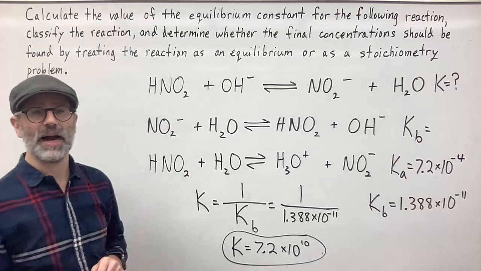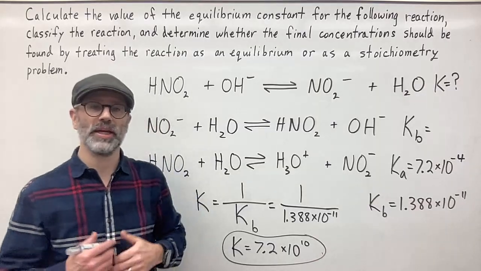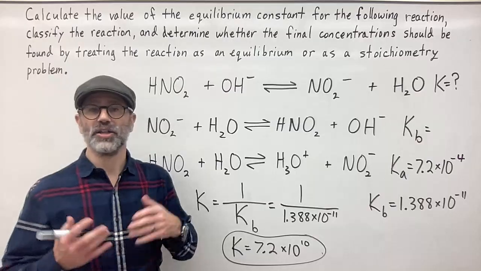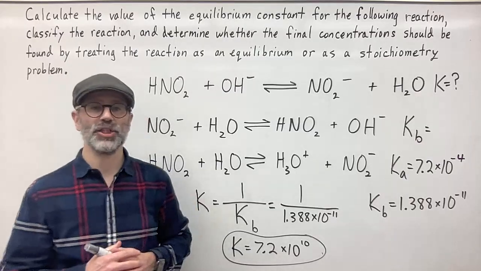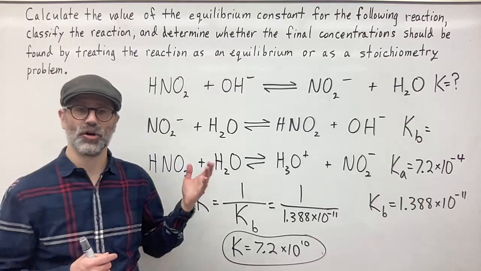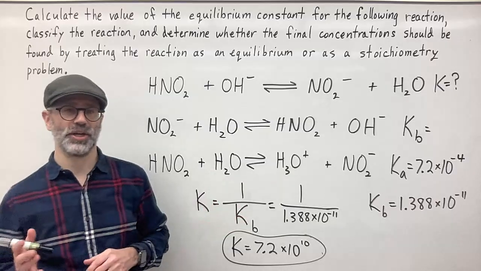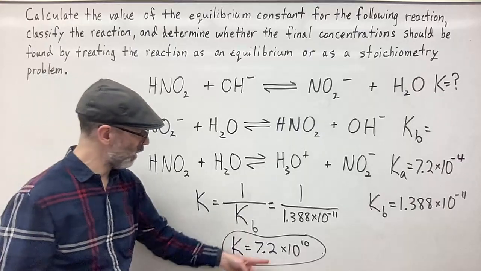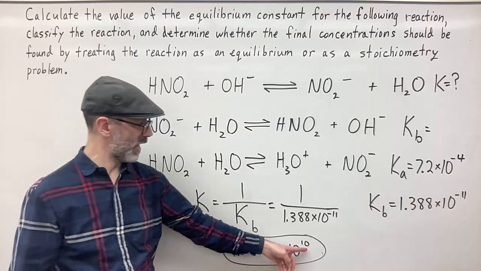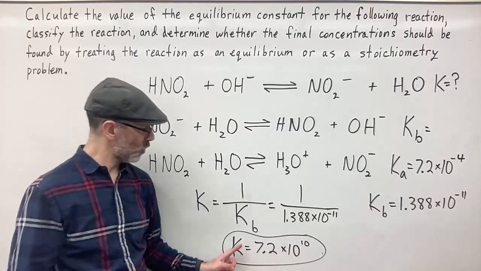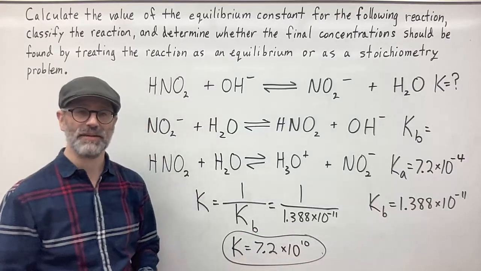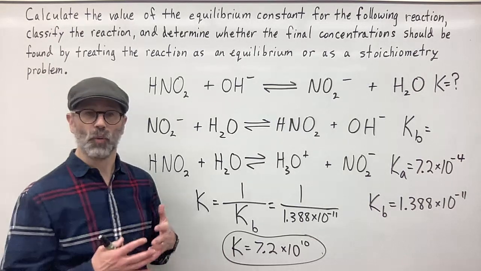Okay, and then finally, how do we determine whether the final concentrations are found by treating this as either an equilibrium or as a stoichiometry problem? Again, we look at the K value of our reaction, and you'll notice that it is very large. This is a very large K value, which means that it favors products overwhelmingly.